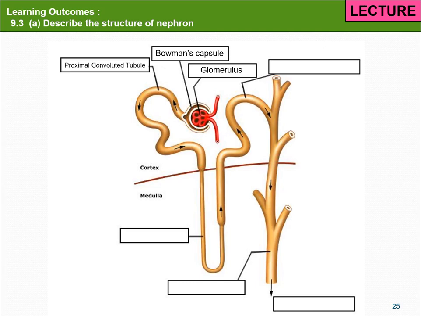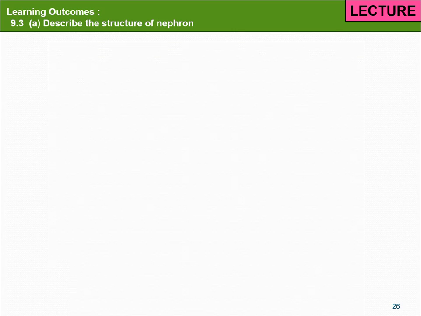The third one is the proximal convoluted tubule. And then the loop of Henle. Fourth, the distal convoluted tubule. The distal convoluted tubule is connected to the collecting duct, and urine is collected in the collecting duct, and will flow into the ureter.